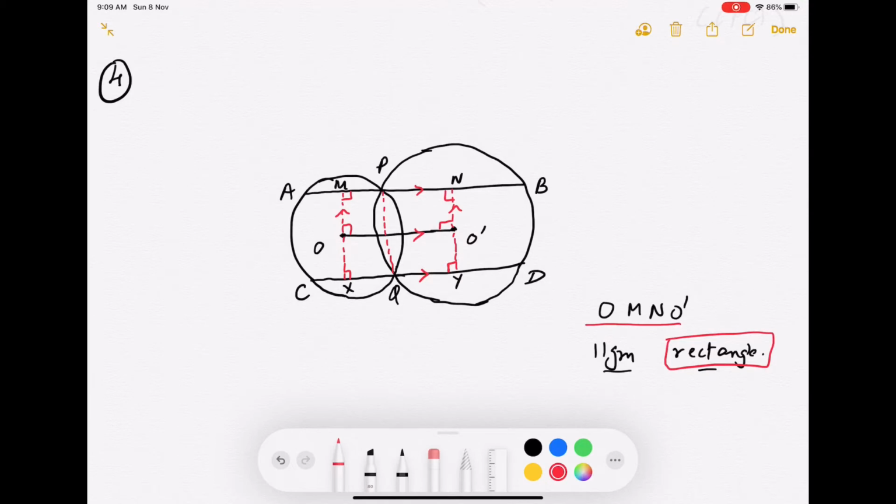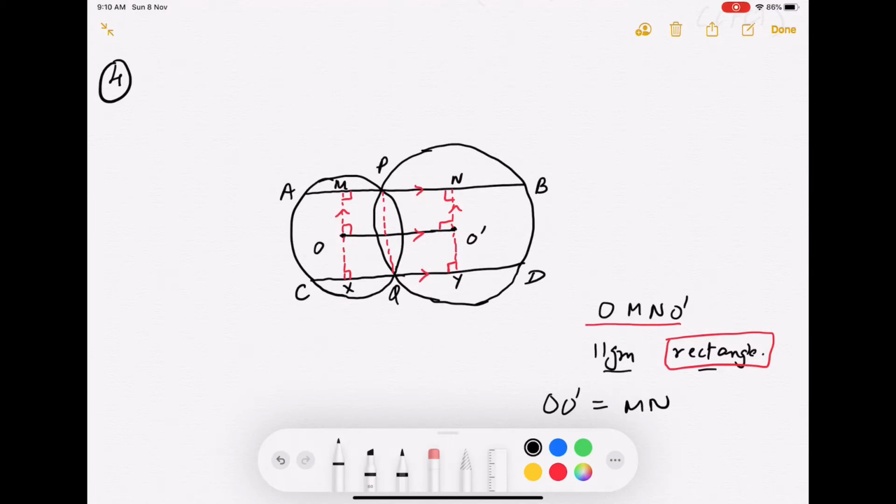But we just needed to prove the fact that OO dash has to be equal to MN. Opposite sides are equal. Okay, so now after we have proved this, we have to prove another part. So looking at the smaller circle, OM is perpendicular to the chord AP.